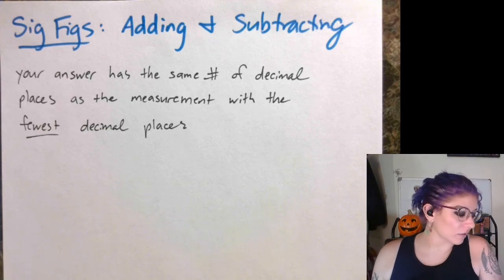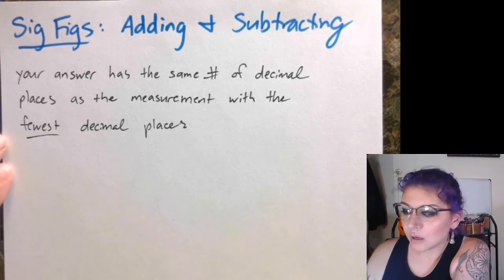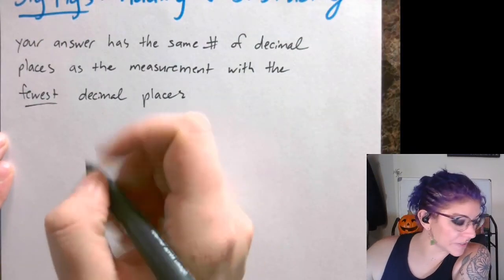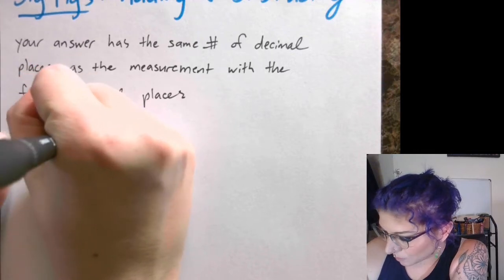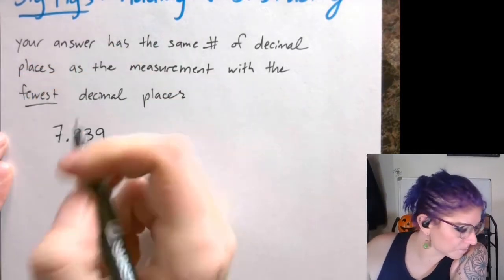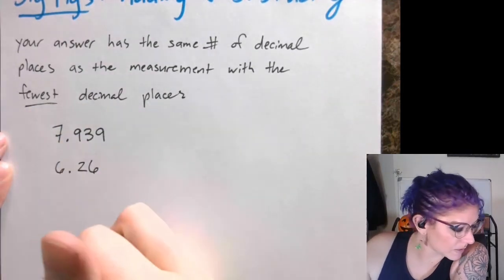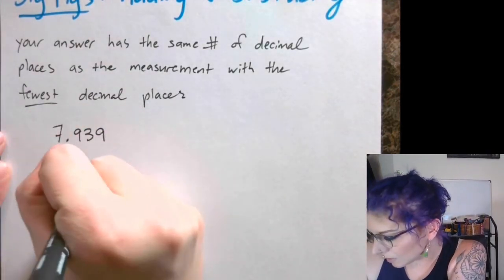Let's look at a numerical example. Let's say we are adding the following 3 numbers together. 7.939 plus 6.26 plus 11.1.